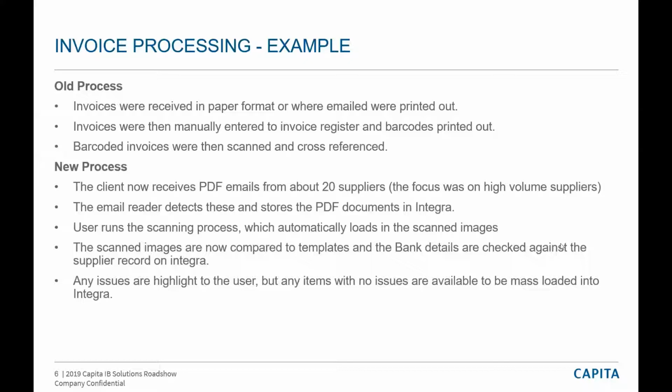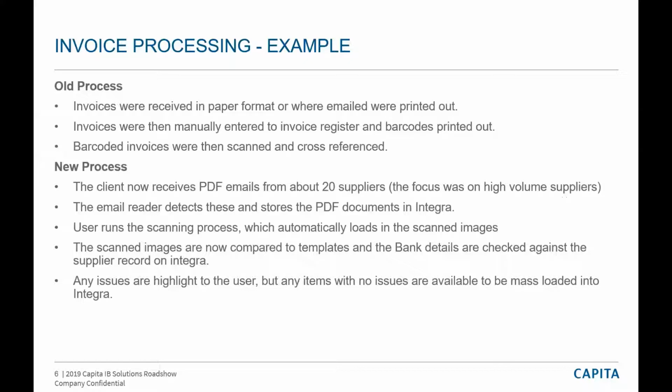If there are any issues, so if the bank details on the document don't agree to the bank details against the supplier, or the only other thing that's commonly checked is net plus VAT equals gross, if any of those don't agree, then they appear in a list of items awaiting review.